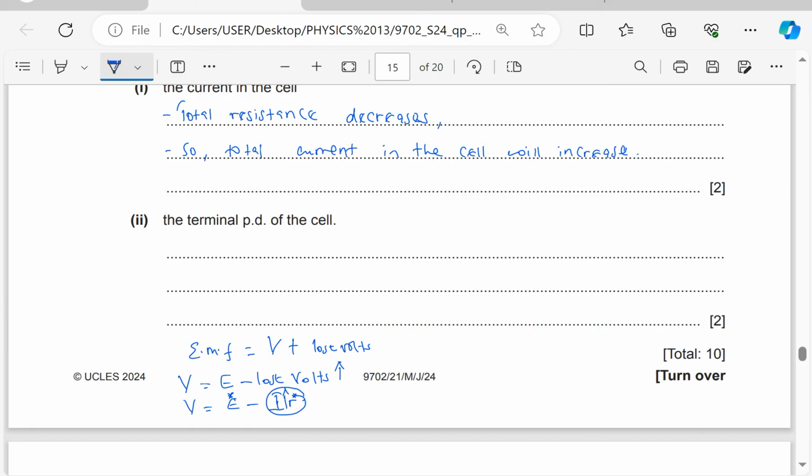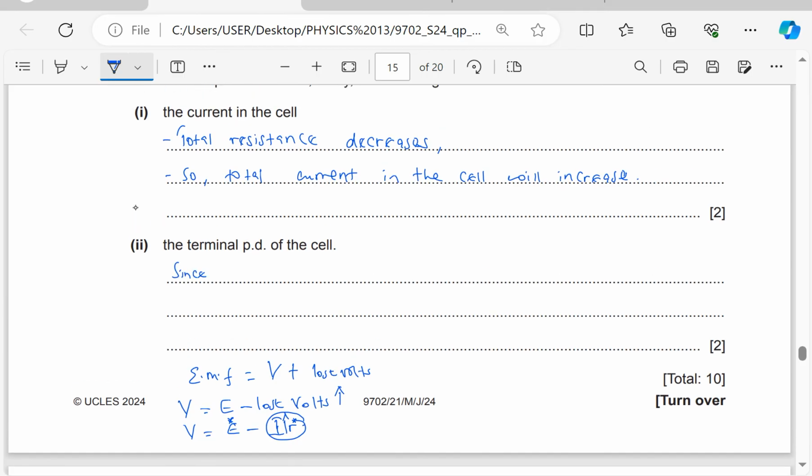So I'll simply say, since the current is now greater, the lost volts (in brackets, the PD on internal resistance) increases.